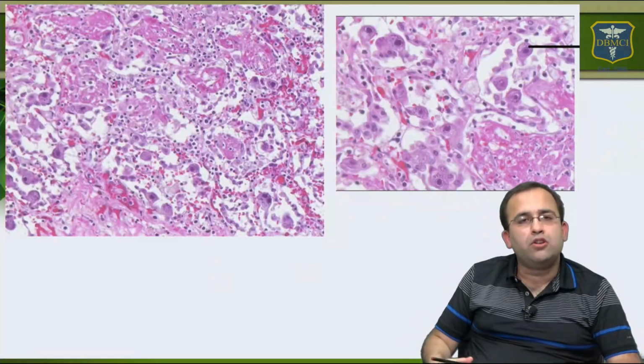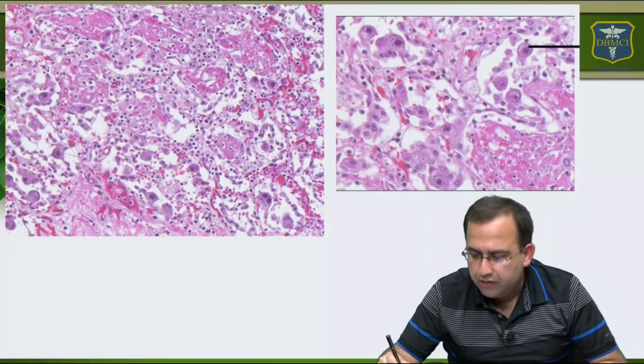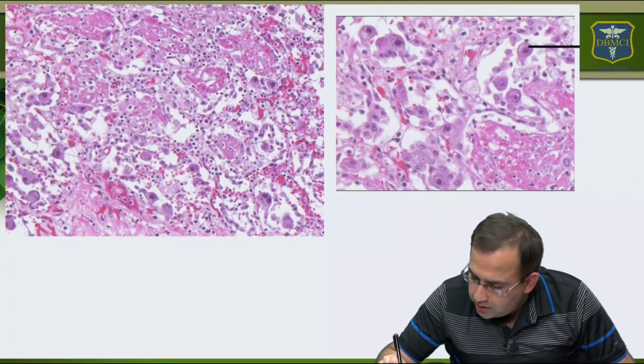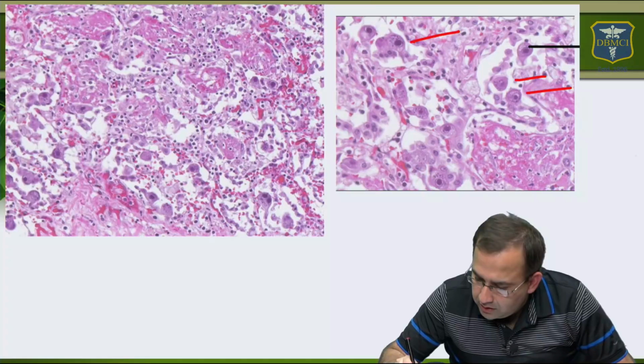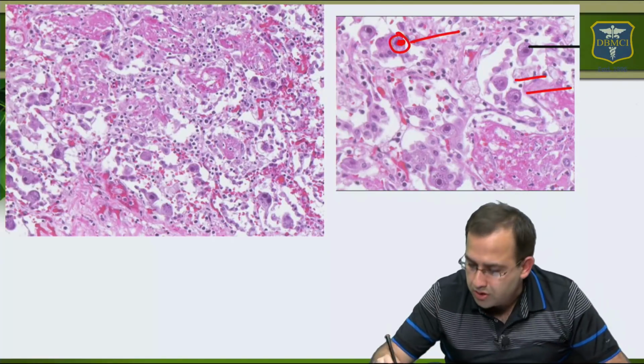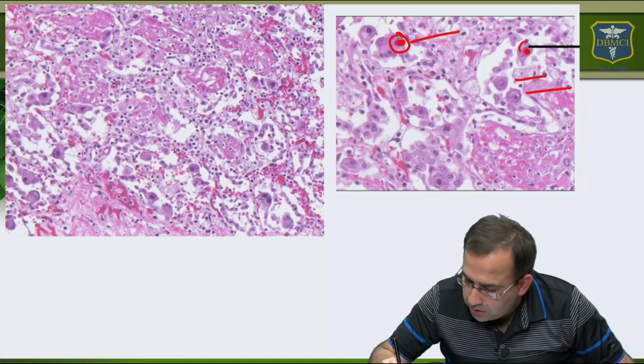Next, diagnosis. Let us first start with high magnification. What this shows is the presence of cells with large intranuclear basophilic inclusions. I hope you are able to make them out.